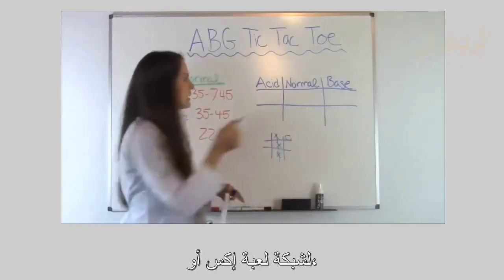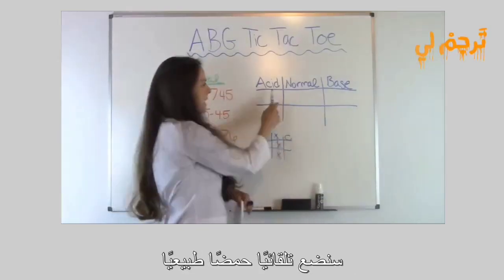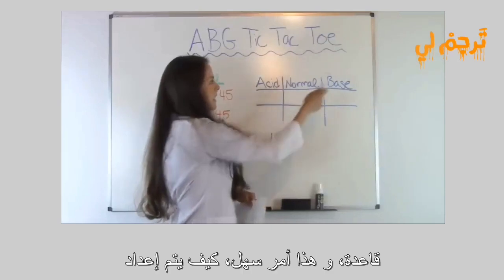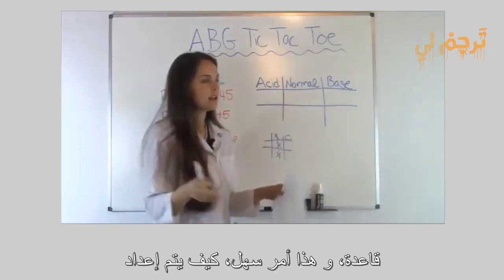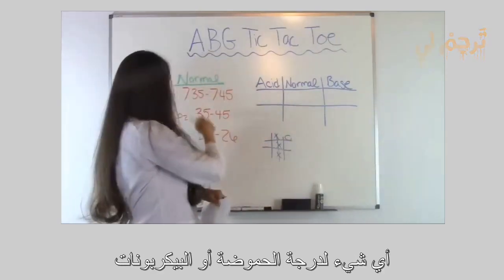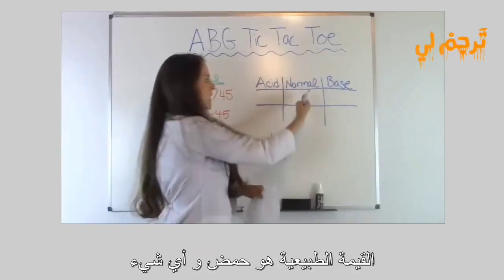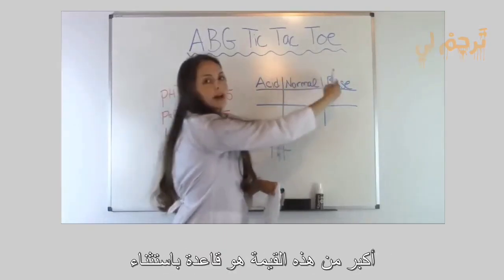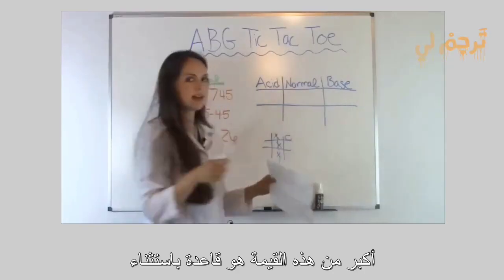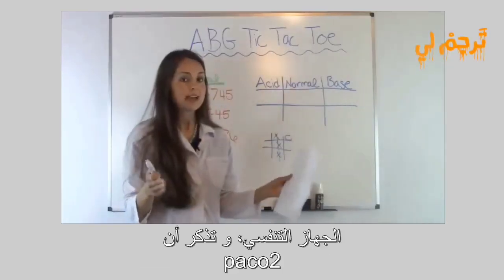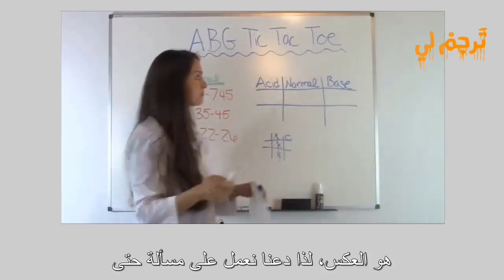So for our tic-tac-toe grid, we're automatically going to put acid, normal, base. And this is how it's set up. Anything for the pH or the HCO3, remember, anything that's less than the normal value is an acid, and anything greater than that value is a base, except for respiratory. Remember, PaCO2 is the opposite.